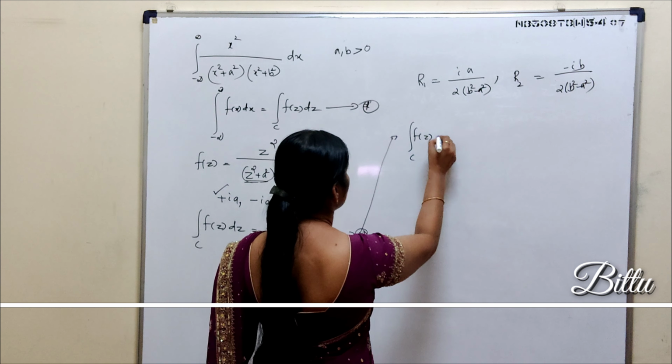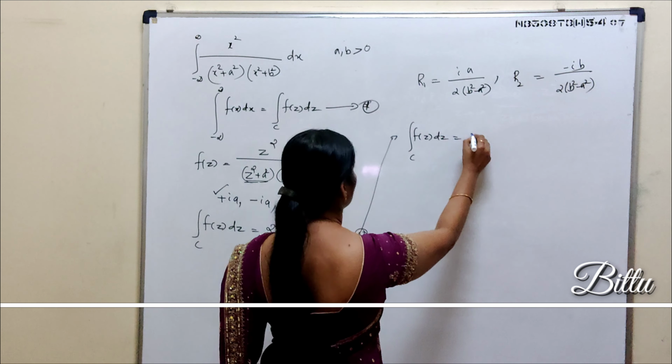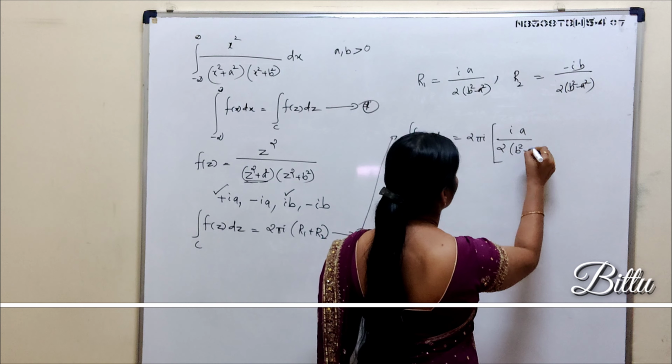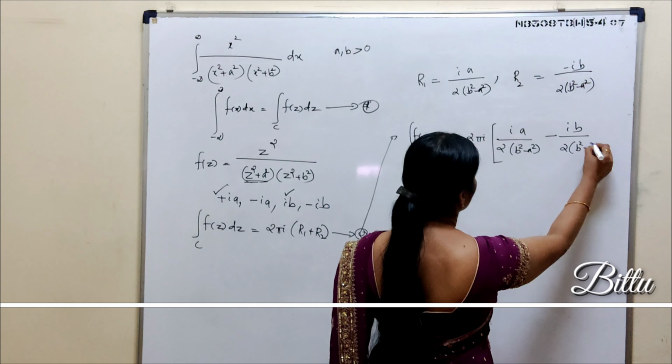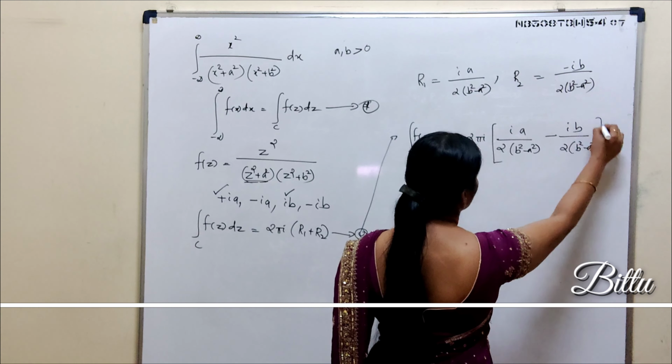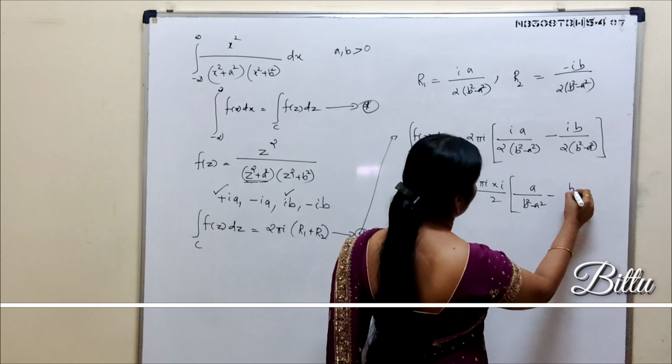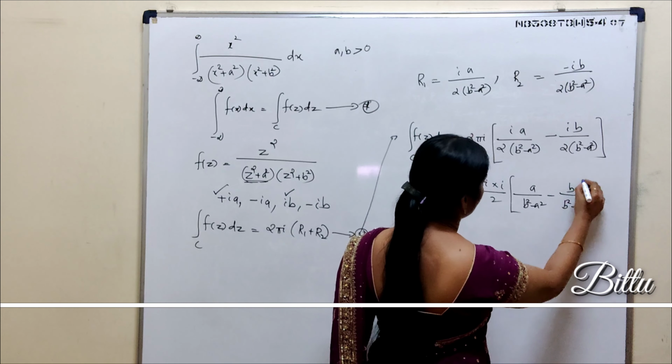So integral over c f(z) dz is 2 pi i into, here i by 2 is a common term, so you take it outside. 2 pi i into i by 2 into (a by (b square minus a square) minus b by (b square minus a square)).